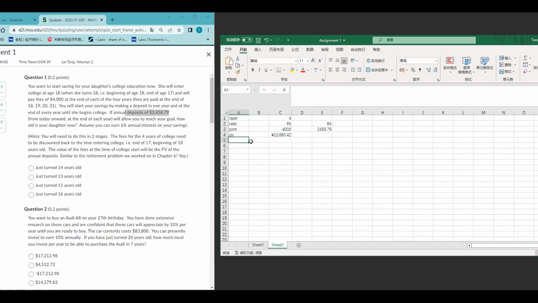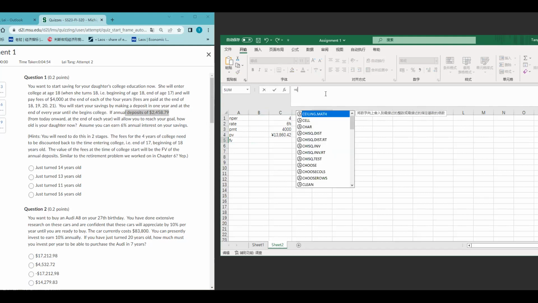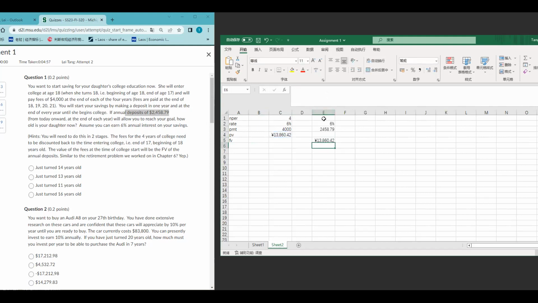And also we already know how much money we need. So the FV is the C4. Okay, so we can solve the NPER.